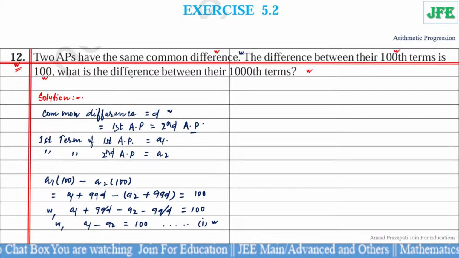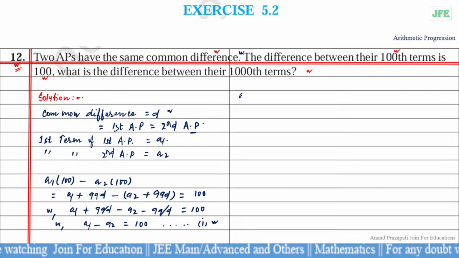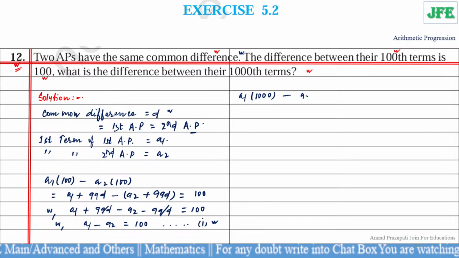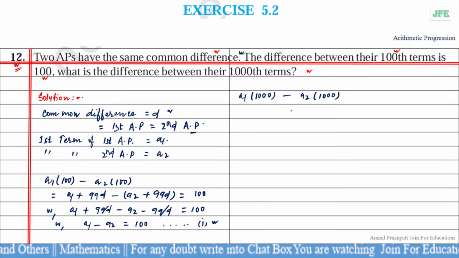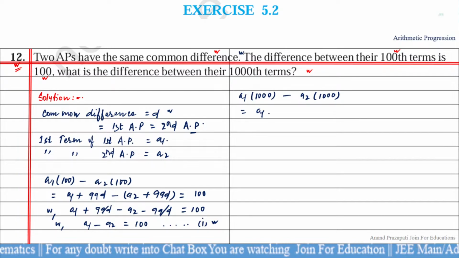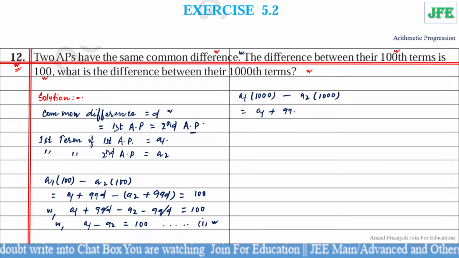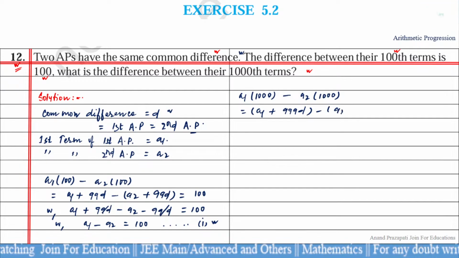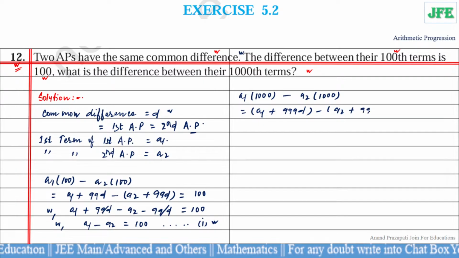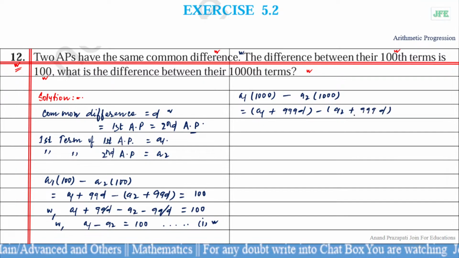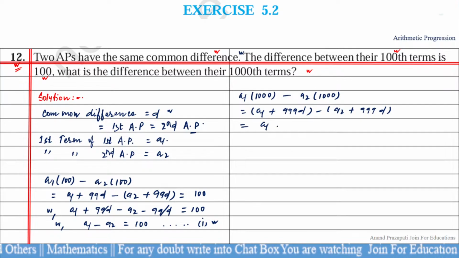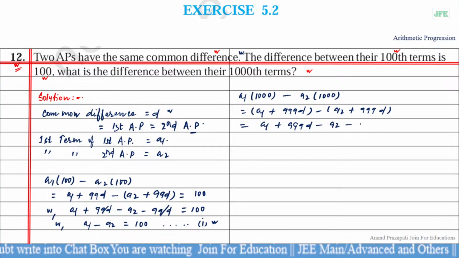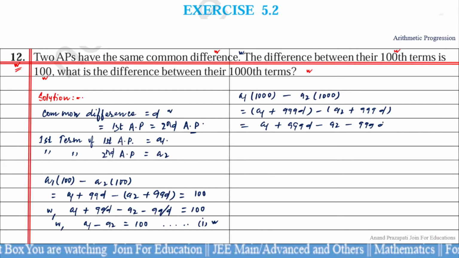So what is asked in this question? What is the difference between their 1000th terms? It means we write down a1(1000) minus a2(1000) equals a1 plus 999d minus a2 plus 999d. So a1 plus 999d minus a2 minus 999d.